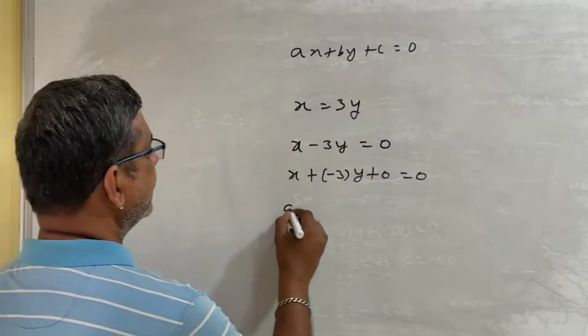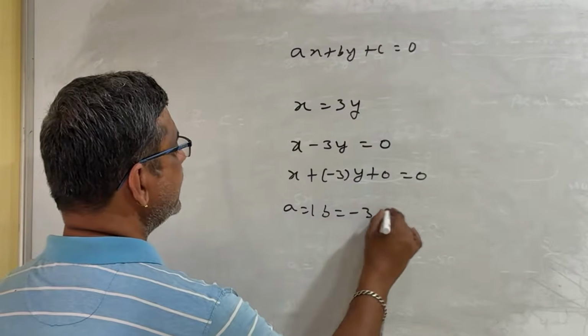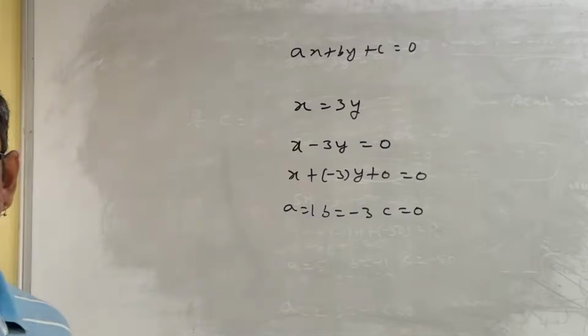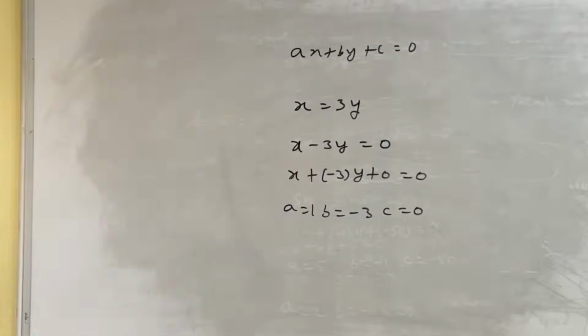Now A will be 1, B negative 3, C 0. Okay?